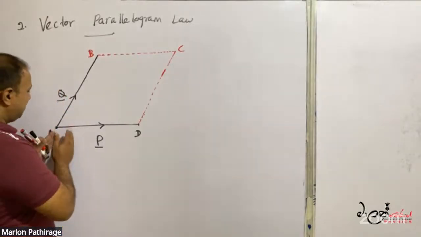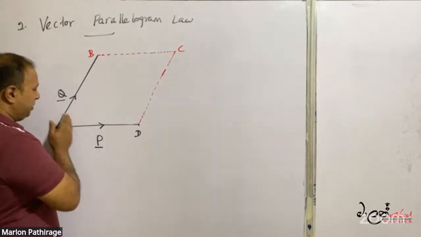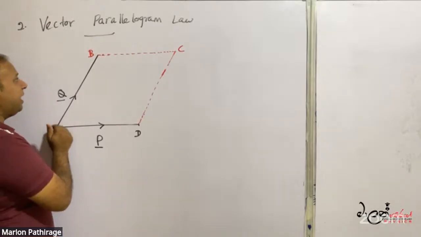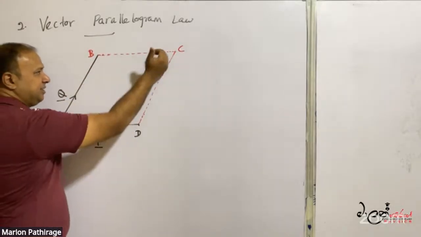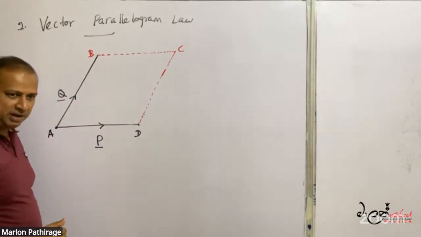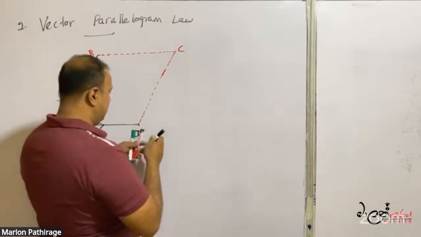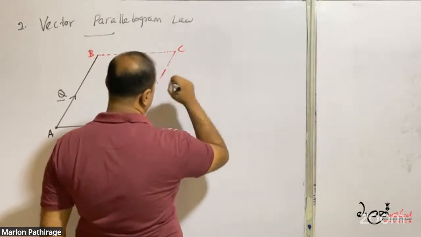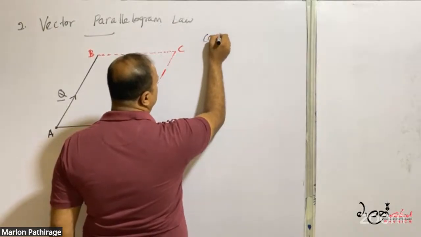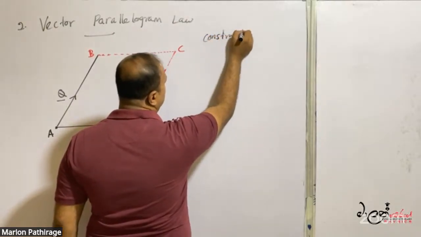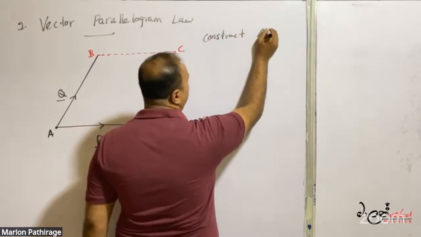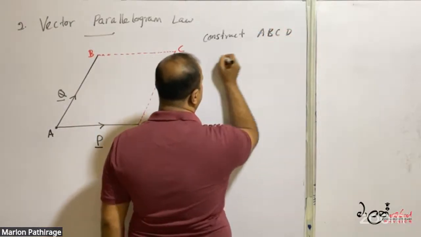Now these two are two parallel sides. AB and DC are two parallel sides. Now you know, construct ABCD parallelogram.